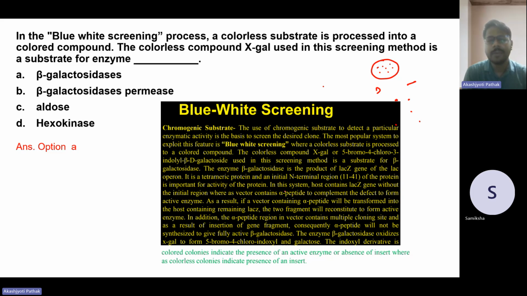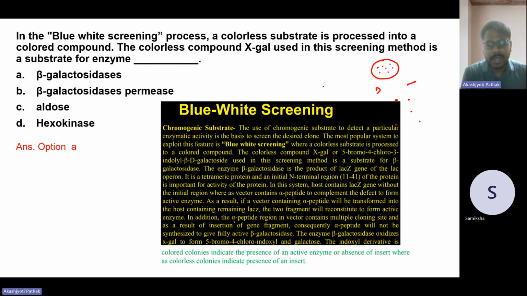This alpha peptide is basically this N-terminal region, which is required for activity of the beta galactosidase. So if a vector containing alpha peptide is transferred into the host containing the remaining lacZ, then the two fragments will reconstitute to form active enzyme.